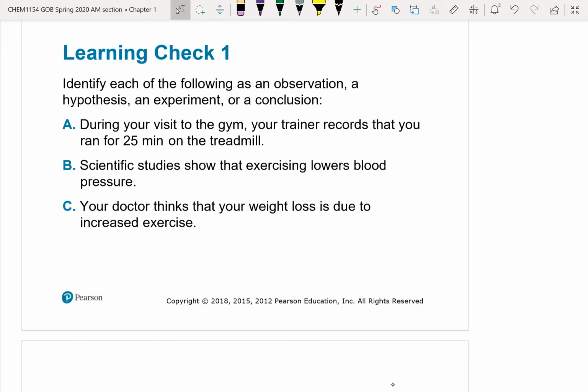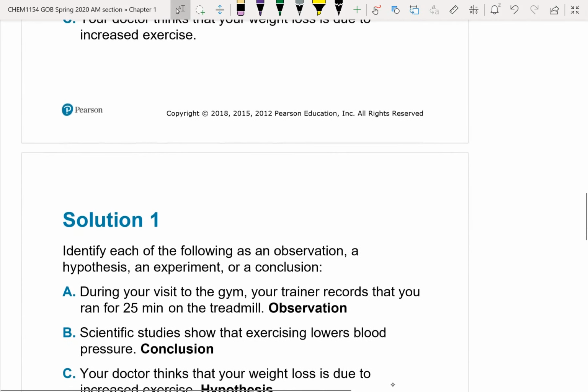So that would be an example of an observation, right? You're recording, in this case, you're writing down how many minutes you ran for. B, scientific studies show that exercising lowers blood pressure. Right, so that would be an example of a conclusion.